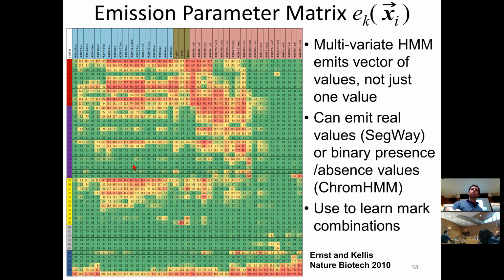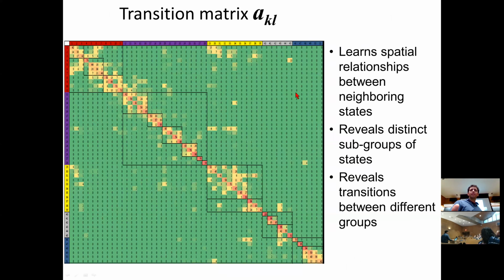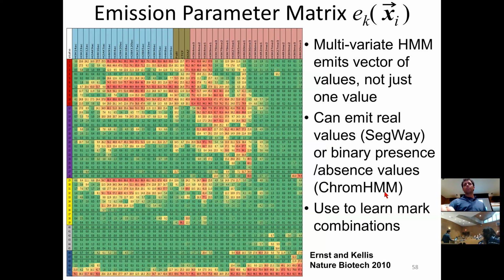But the hidden Markov model doesn't know anything about that. It is trained in a completely unbiased way, without any kind of annotations, and without knowing that enhancers and promoters even exist. So what it learns is combinations of marks that are appearing together more often than you would expect by chance.